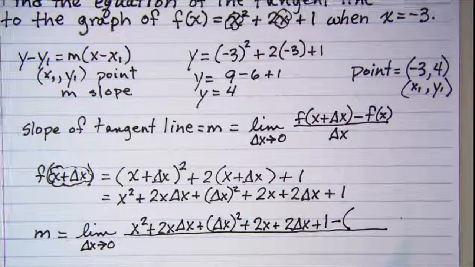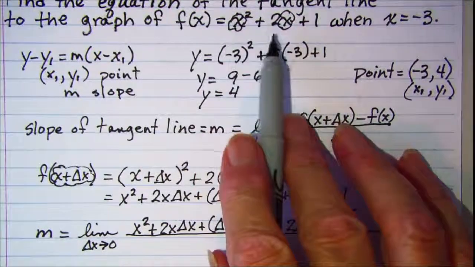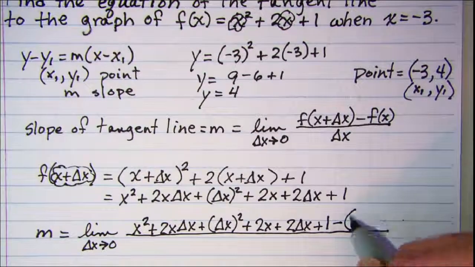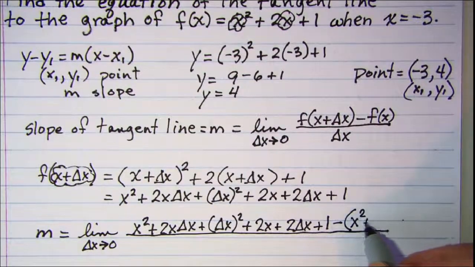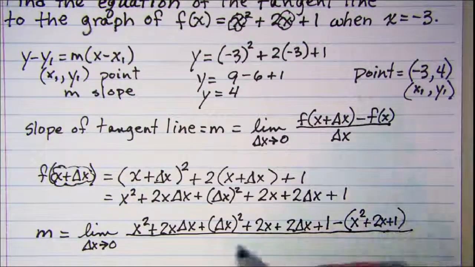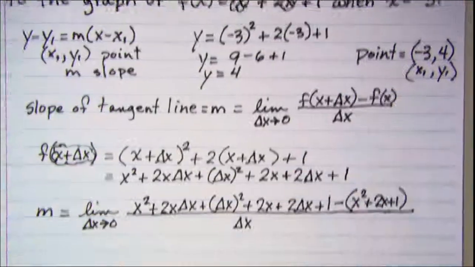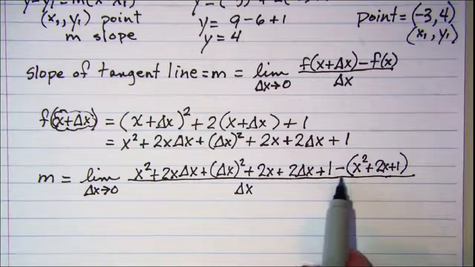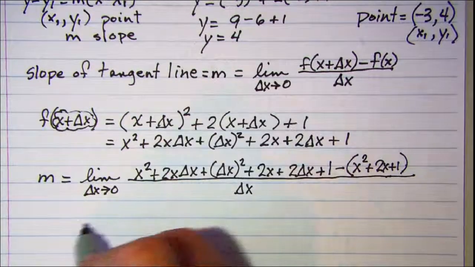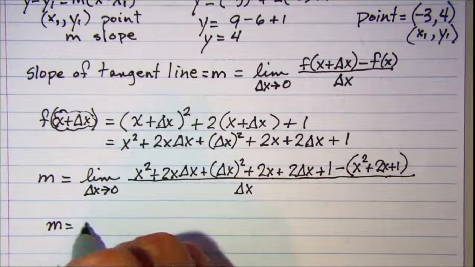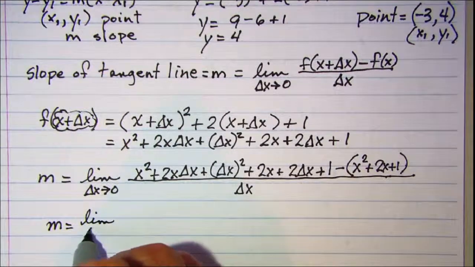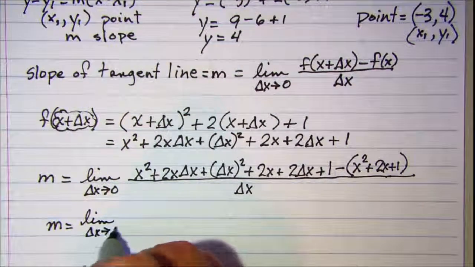And f of x is x squared plus 2x plus 1, and that's all divided by delta x. Let's distribute our negative sign here. So my m is the limit as delta x approaches 0.